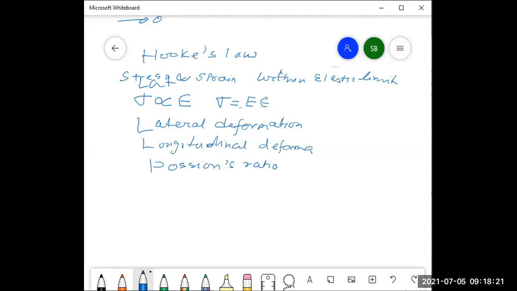Now, what we have to do here is define two properties of the system itself. One is the isotropic property of the material, and the other is the isentropic property.